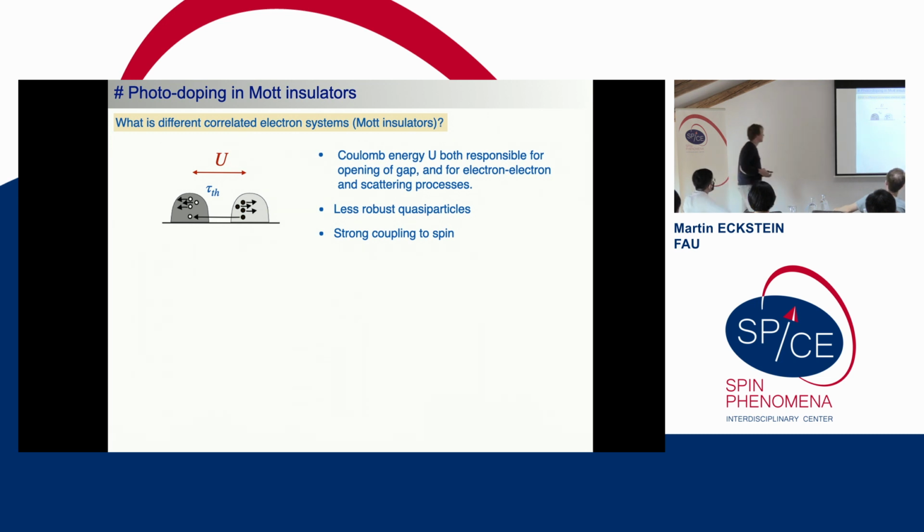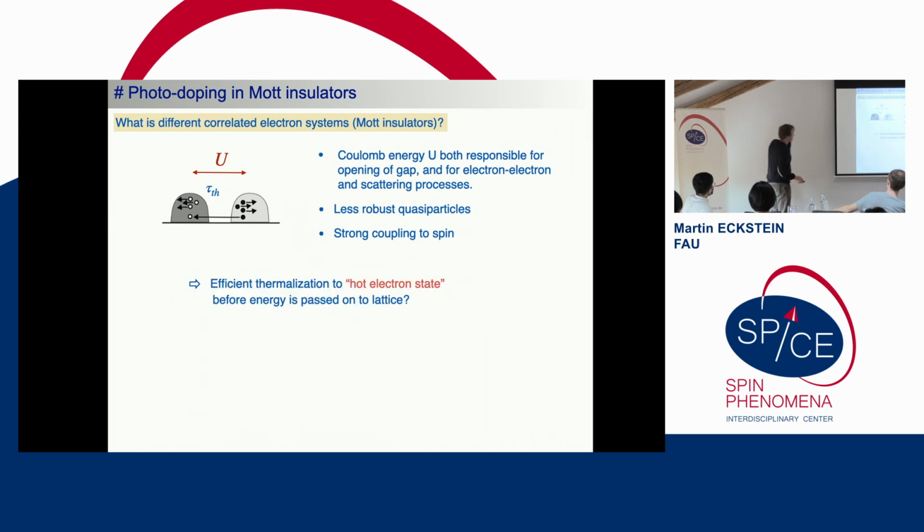And the last thing is you are strongly coupled to spin degrees of freedom, which have a relatively high energy as compared to phonons, and they could provide a much more efficient mechanism to release the energy. So the question is whether you would not expect that on a much faster time scale the whole system just forms a hot electron state where the electrons have one temperature.